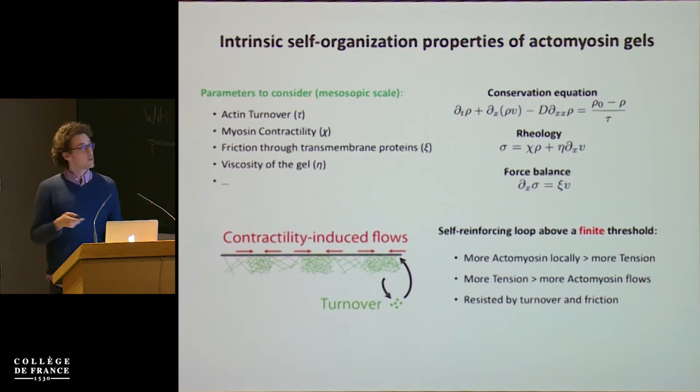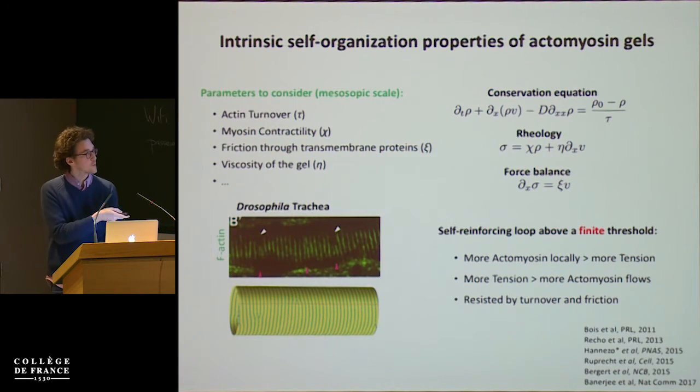If you have this feedback loop where things flow from low density towards high density, that's destabilizing. That's an anti-diffusion term, and therefore you have this self-reinforcing loop between actomyosin tension and flows, which spontaneously breaks symmetry, although it's resisted, of course, by a few things. And that has been looked at by many groups, in many different settings, including many people in the room.